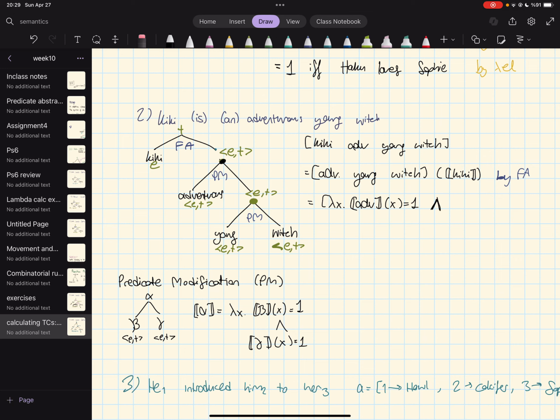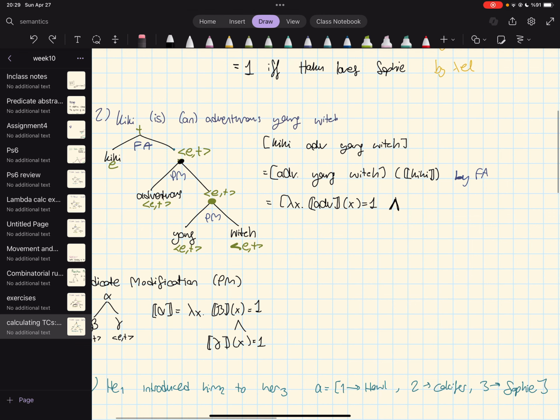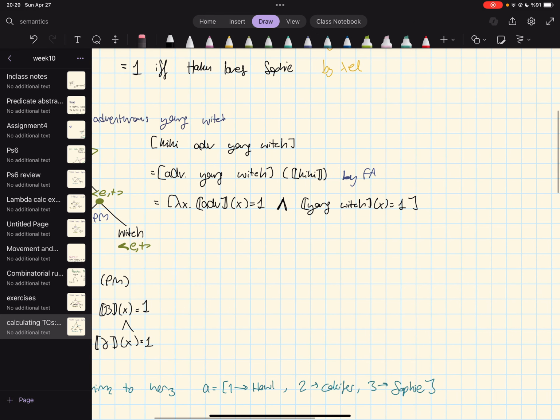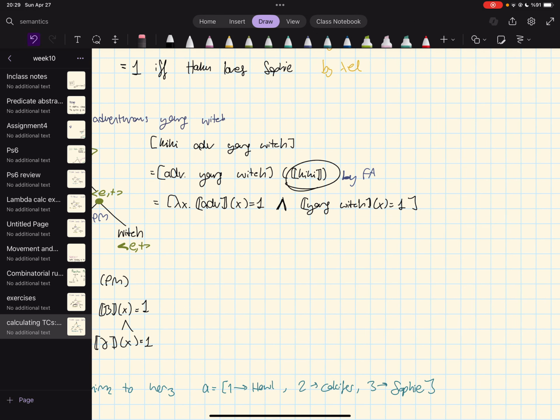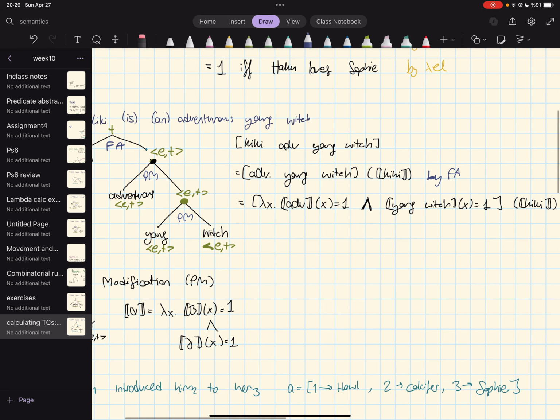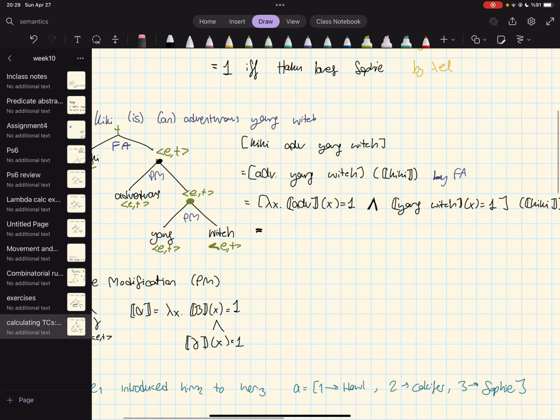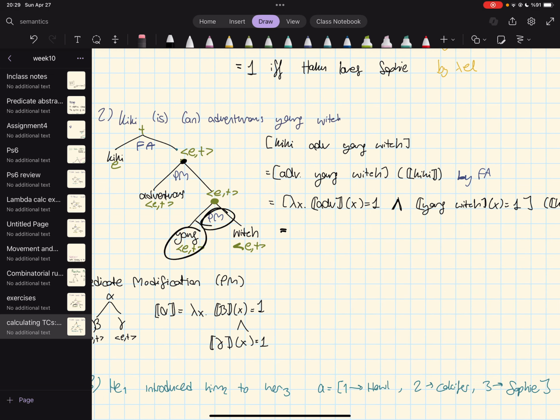And θ, which in this case is young witch, x denotes 1. And then I'm closing my brackets. I also have Kiki as the argument. And this was done by predicate modification. Next up, I'm going to need to use predicate modification to separate young and witch.